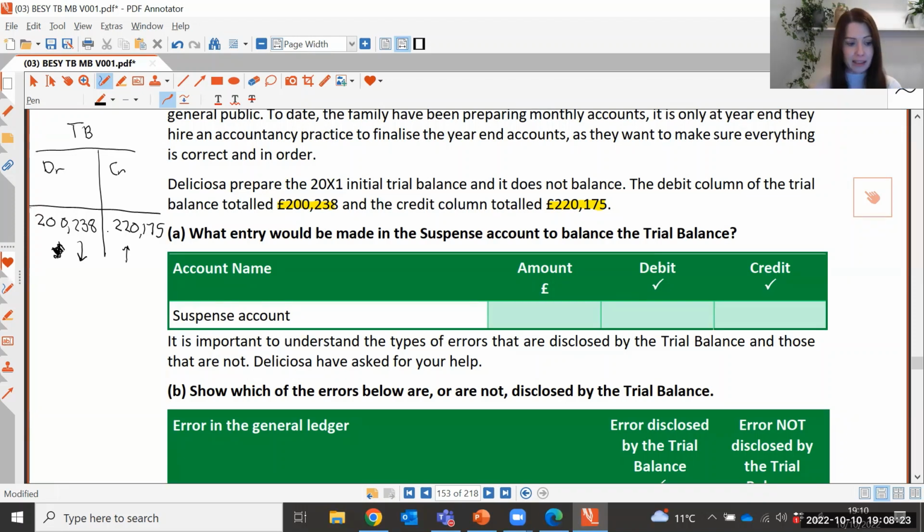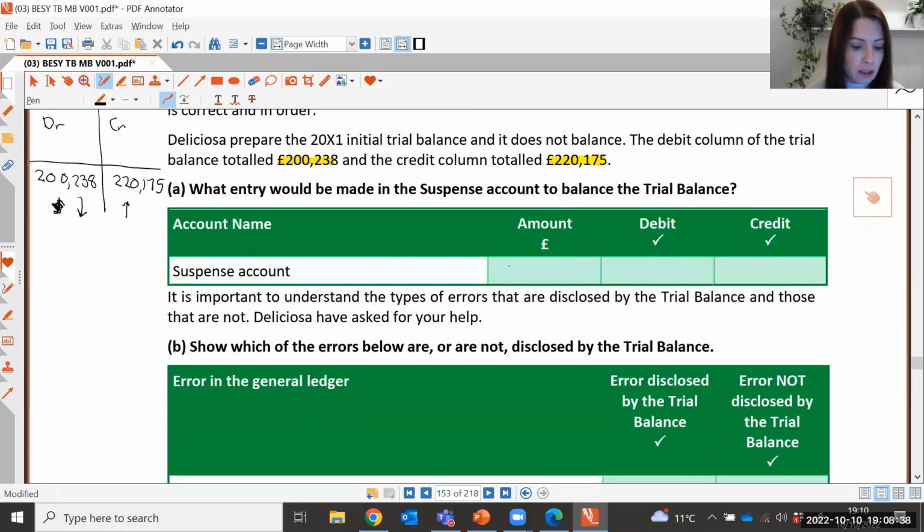So we would do the difference: £220,175 minus the £200,238, and that would give us the balance of the suspense account. So the balance is £19,937, and as I say, that will be on the debit side because the debit side has the figure that's a lower amount.